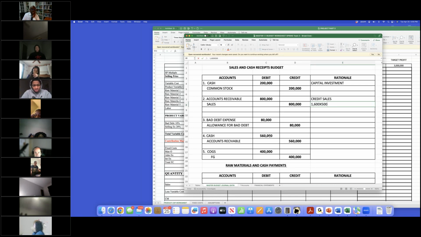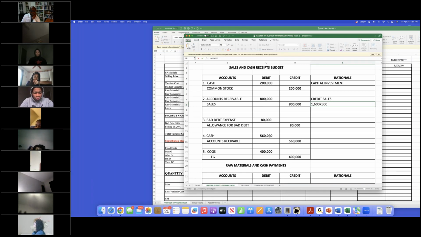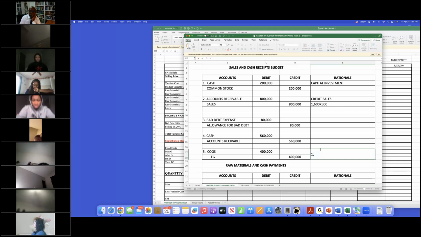Okay. Now let's go to the 5th journal entry where we debit cost of goods sold and credit finished goods. What we've got to do here is, if we sold 1,600, we need the cost of goods sold for 1,600. I'm going to put my times here.